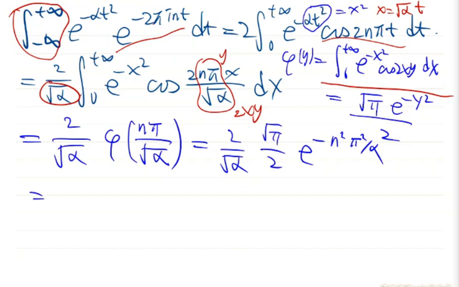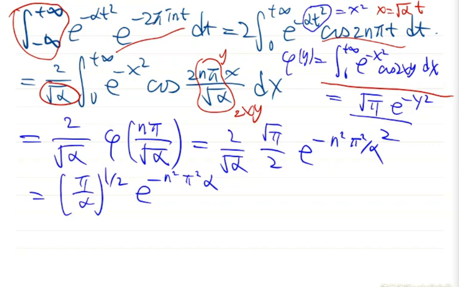So that is pi over alpha to the half, then exponential of minus n square pi square over alpha. Okay, we have this computation.